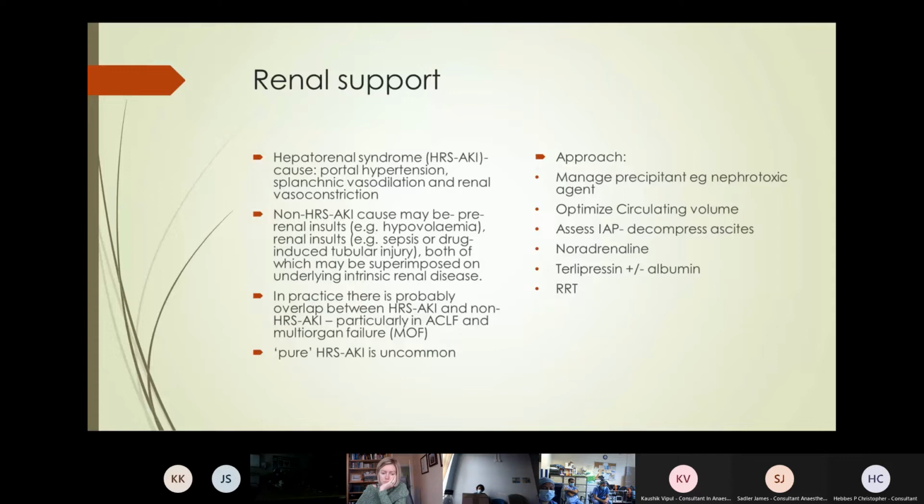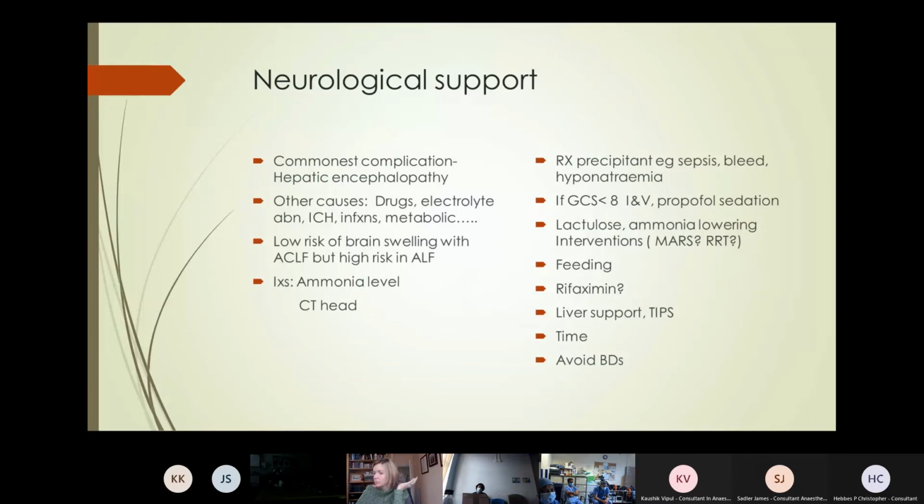There are biomarkers that have been used to try and differentiate between HRS and non-HRS AKI, and one of them is neutrophil gelatinase-associated lipocalin, what they call NGAL. That is used to identify if patients have ATN, but those are just details for another day.